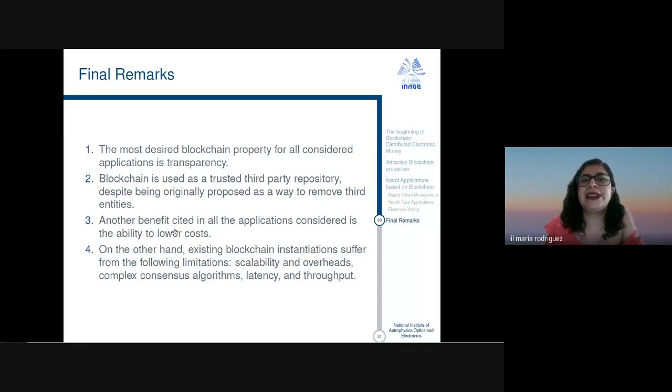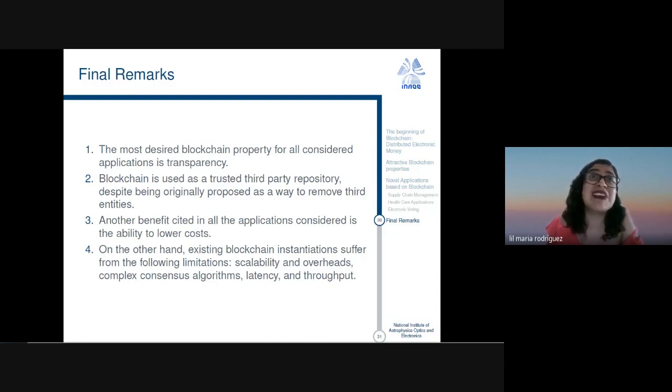Another benefit cited in all the applications that we have reviewed is the ability to lower cost. We can have a big discussion about this issue, because as you know, blockchain needs a lot of resources.